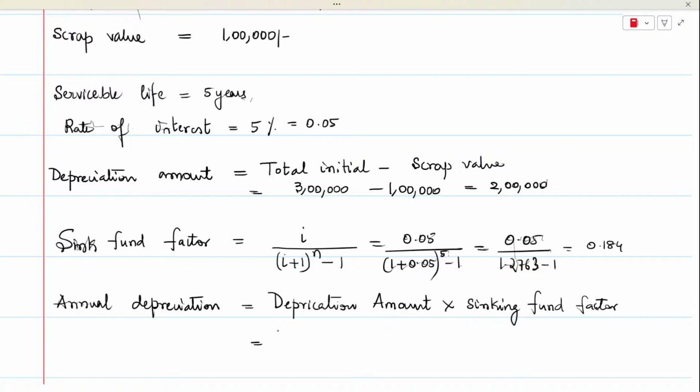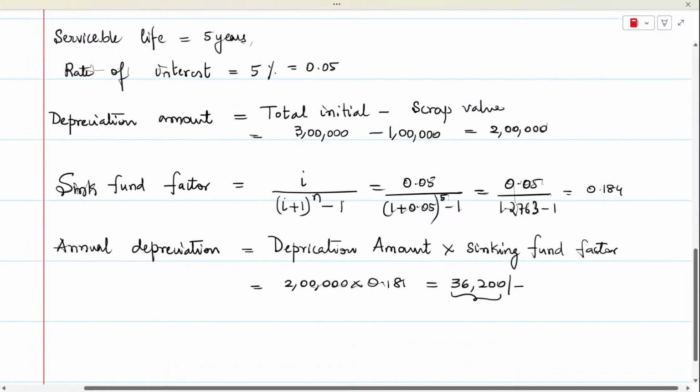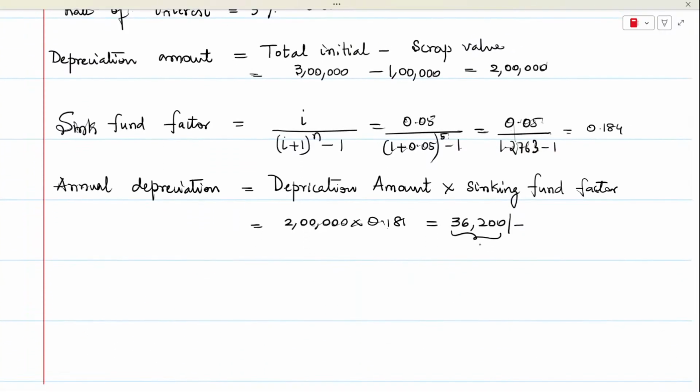So this is equal to 2 lakhs into 0.181. So this comes out to be 36,200. That is per year. This is the depreciation per year. Per year, the machine value drops by 36,000.